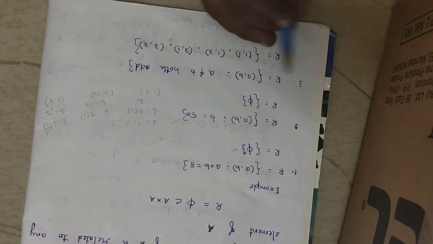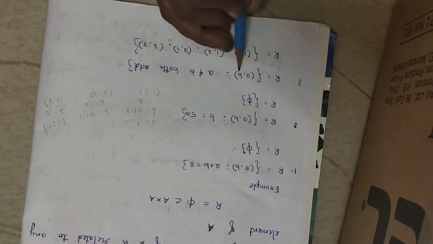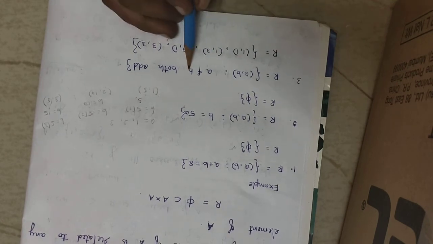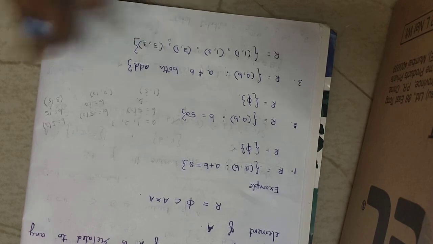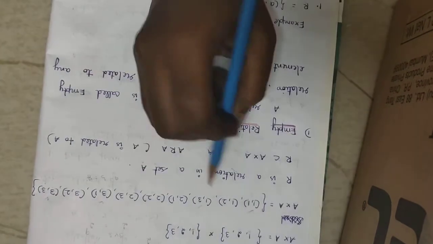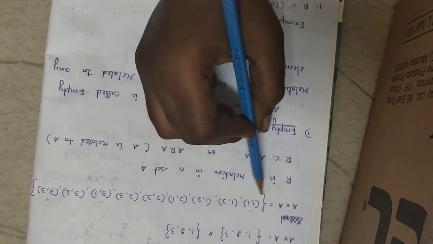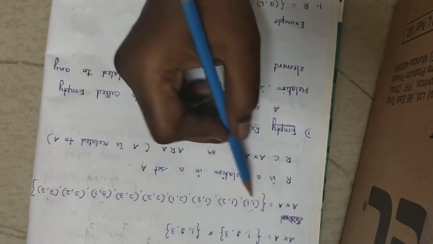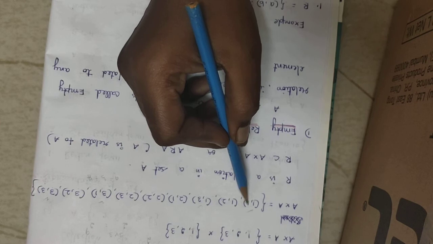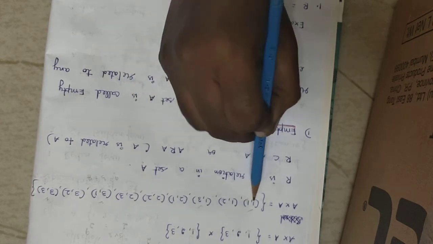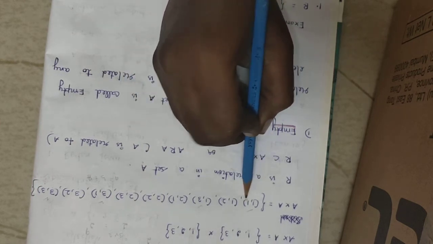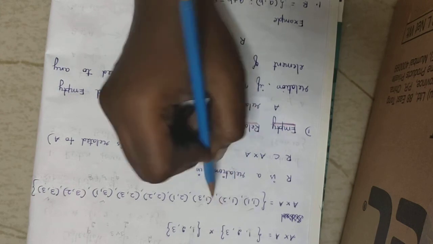Now see the last one. R is equal to (a, b) such that a and b both should be odd. Now see this Cartesian product, whether I have at least one of these ordered pairs so that both are odd numbers. See the first element itself, 1 and 1, so this is odd, and the second is not possible.